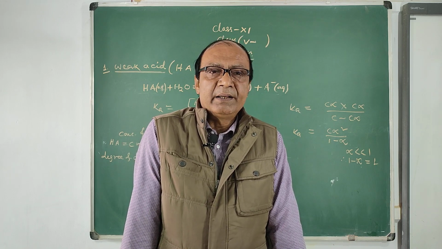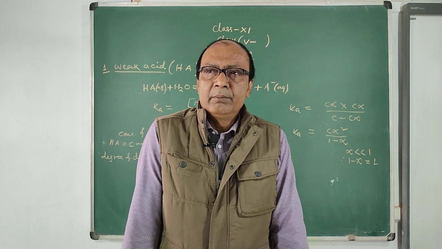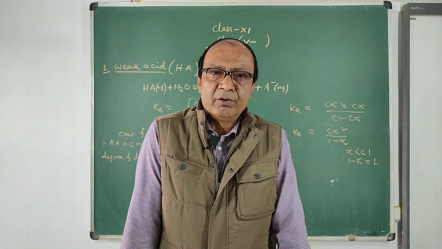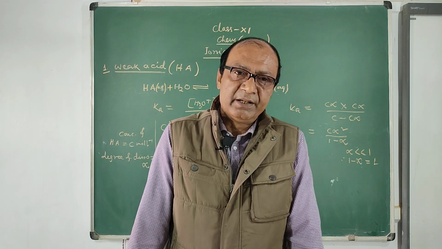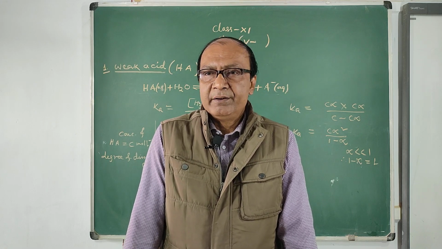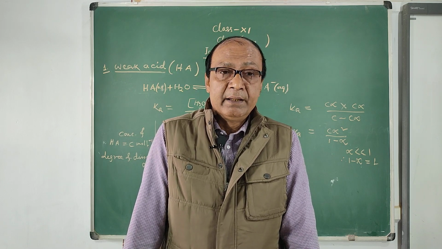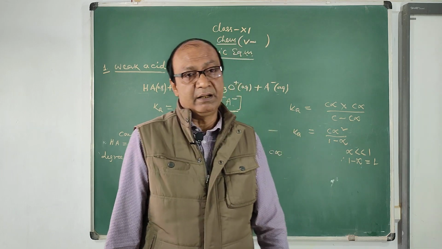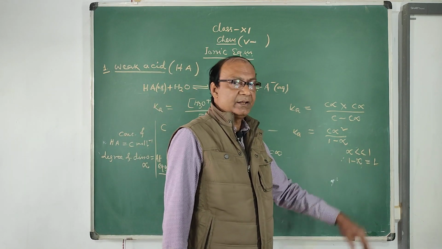If alpha equals 0.003 or 0.004, these can be neglected because 1 minus 0.004 is nearly 1, and 1 minus 0.005 is nearly 1. But whenever you see it is 0.5 or 0.2 or 0.09, in that case 1 minus alpha cannot be taken as 1. Remember it. Most of the cases 1 minus alpha is taken as 1.